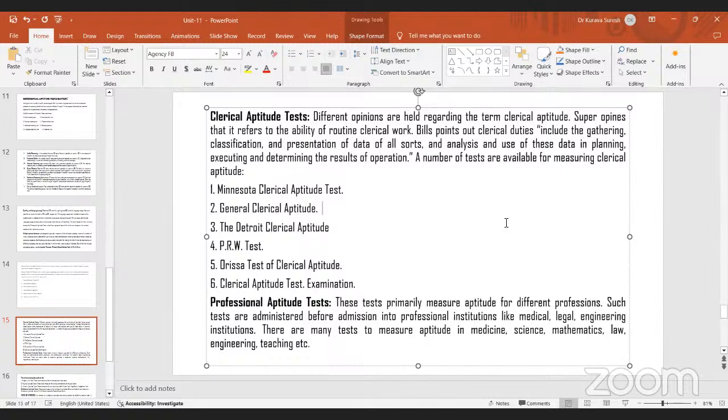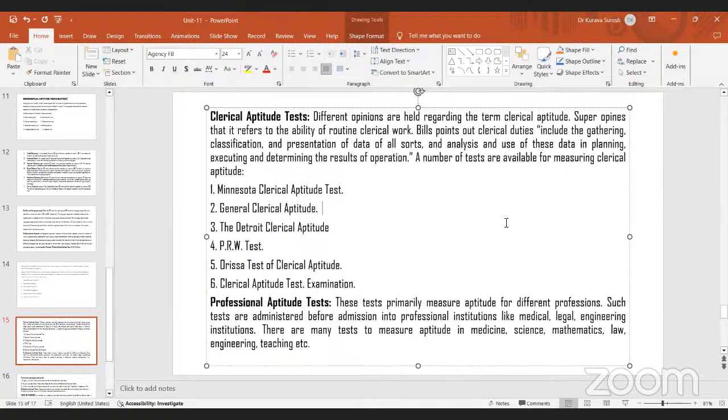Bills points out that clerical duties include the gathering, classification, and presentation of data, and the analysis and use of these data in planning and determining the results of operations.